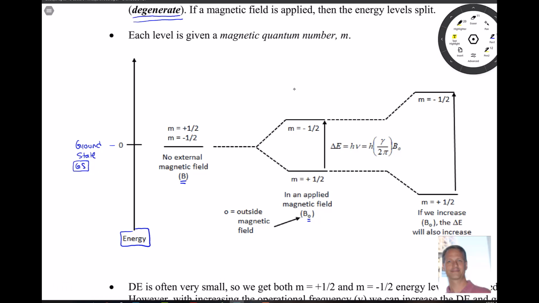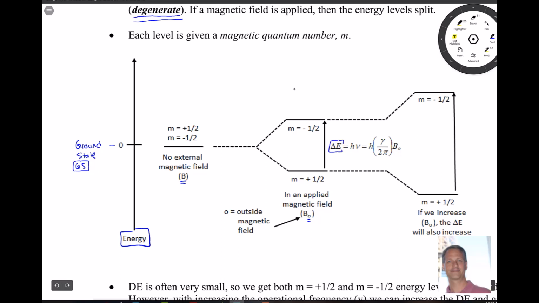It turns out that NMRs require very strong magnetic fields, so we have to use cooling liquids to get magnetic field strengths to be very, very strong. But in an applied magnetic field, we see a splitting. M plus 1/2 would be your lower energy, M minus 1/2 would be your higher energy. And that delta E here is an energy difference from the lower energy to the higher energy.